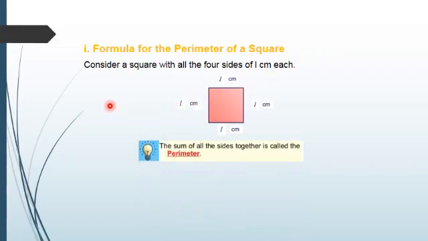We know that the sum of all the sides together is called the perimeter. So the perimeter of this square will be L plus L plus L plus L, that is the sum of all the 4 sides, and that will be equal to 4L. Therefore, the formula for the perimeter of the square is 4L.